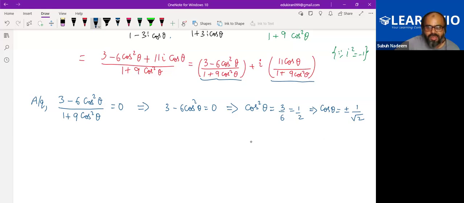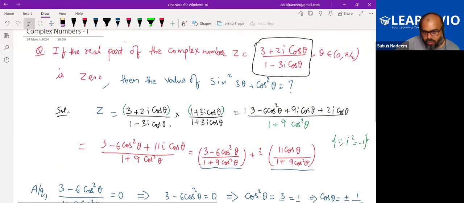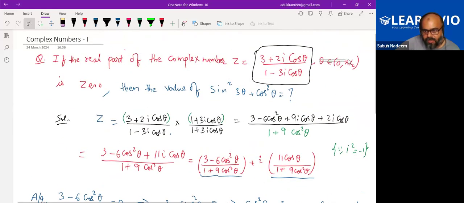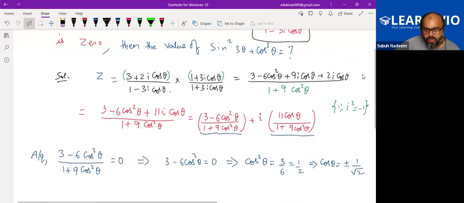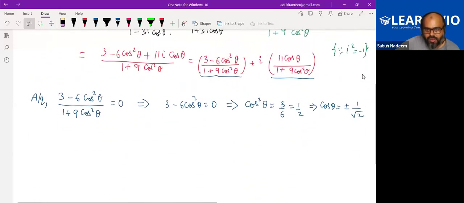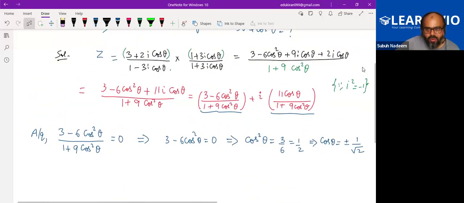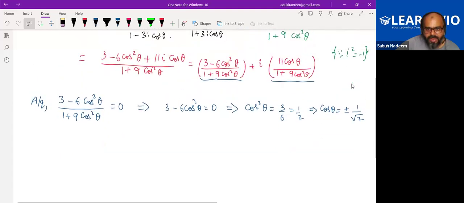Since one more thing is given in the question, that theta is between 0 to pi by 2. This is given here, no? That theta is between 0 to pi by 2, that is, in the first quadrant. So obviously the value of cos theta we can't take negative.